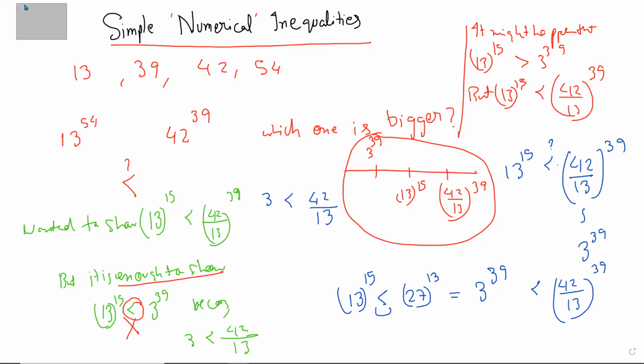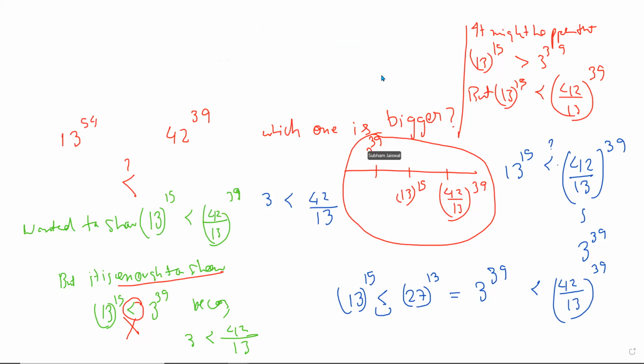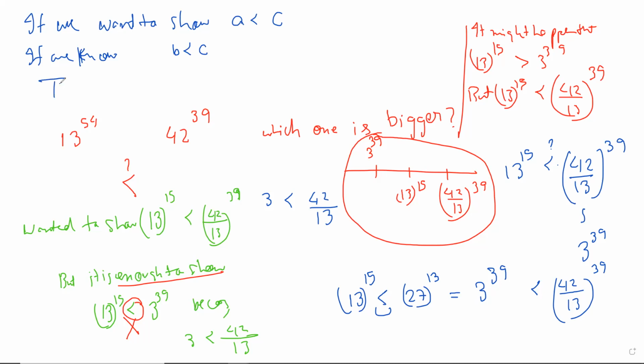So my point is, let me write it here in general, and this is learned as you do more questions. You'll see that if we want to show, it's just a logical question, we want to show A is less than C. If we know that B is less than C, then it is enough to show A less than B. But this may not be true.